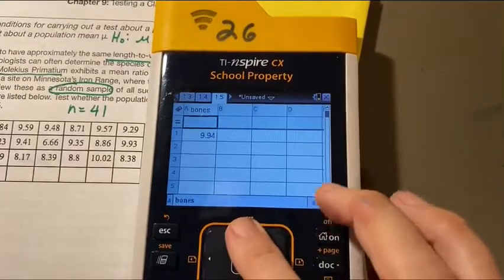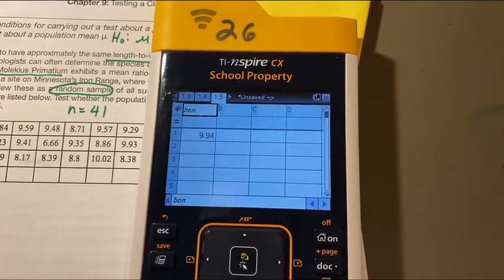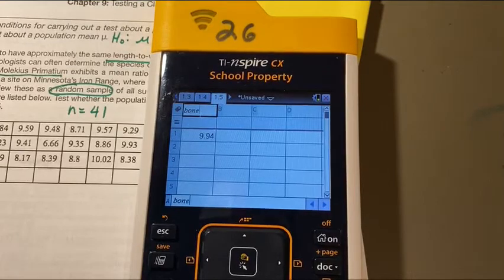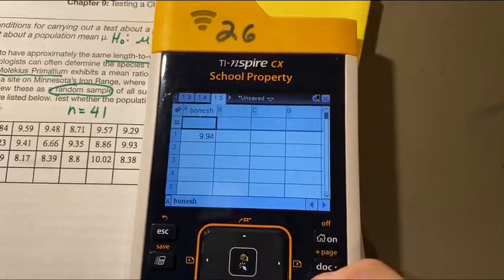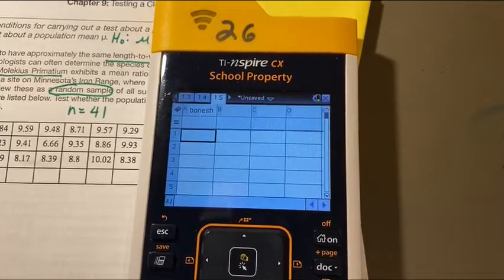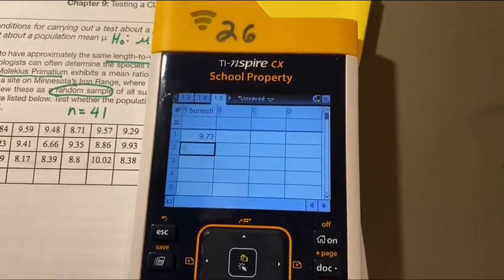Ooh, looks like I'd already used the word bones, so it wanted to know if I overwrote the data. That's why I'm always careful about being a little creative. I'm going to call bones H because they're humerus bones. Okay, let's give this another try. 9.73, enter.